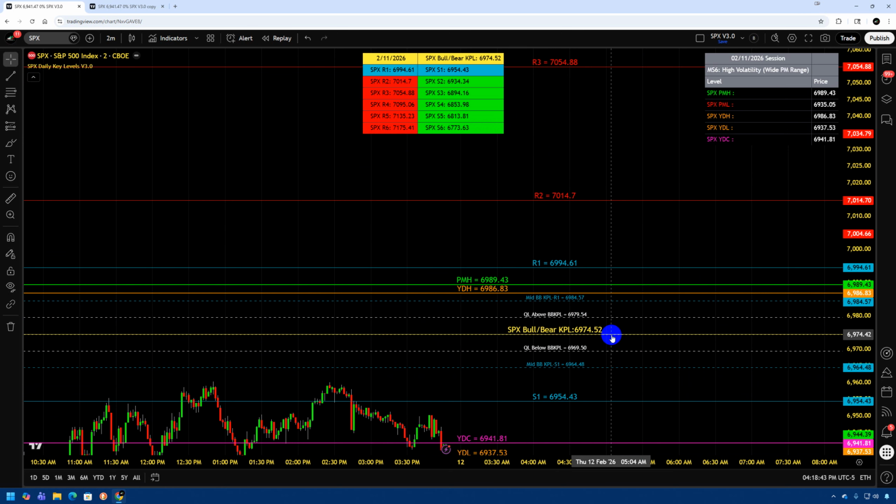So if it was 85% of this, then that same distance is going to apply here. So let's say 85%, this is 50%, this is about 75. So 85 would be about right here. That amount of distance is going to be the same amount of distance here. If it was a cross and close above alert, or let's say it was a cross and close below alert on R3, it would be about right here.